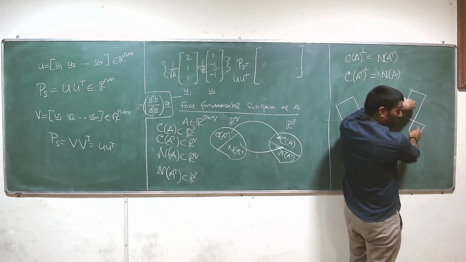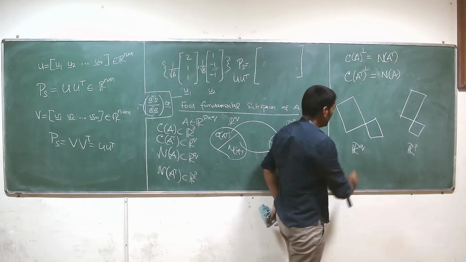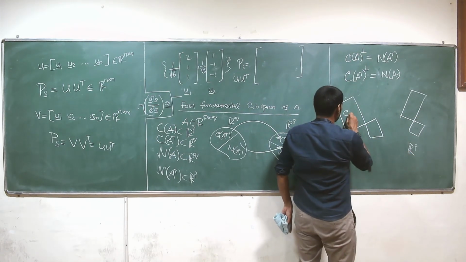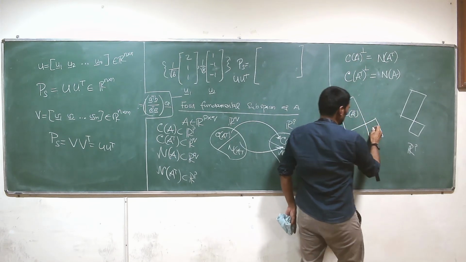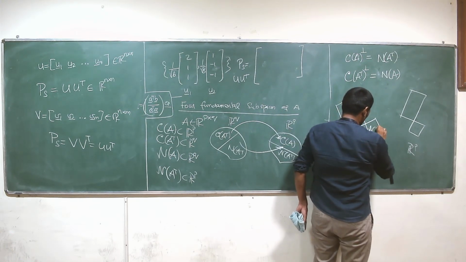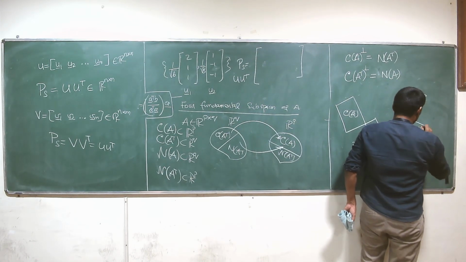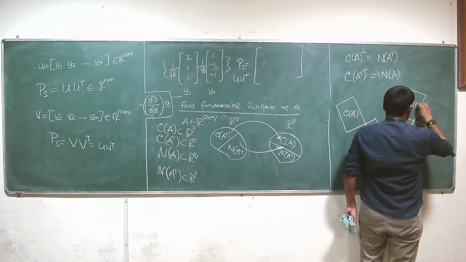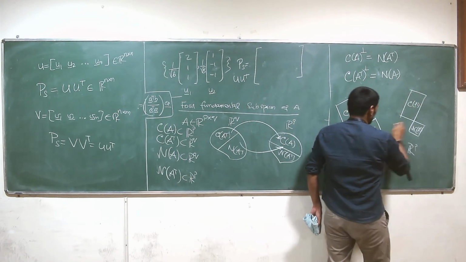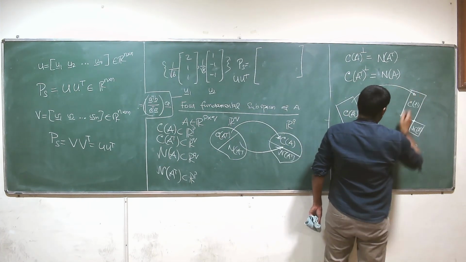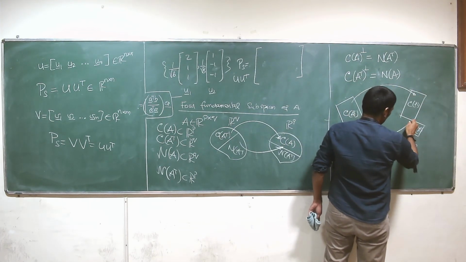They are drawn like this because they're orthogonal to each other. Together they form RQ, and these two together form RP. This is your origin. A maps everything to here, and this maps to 0.